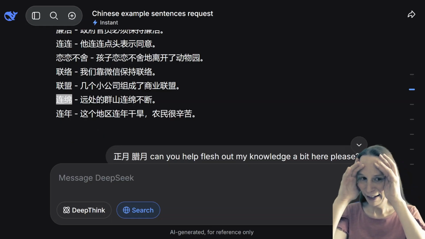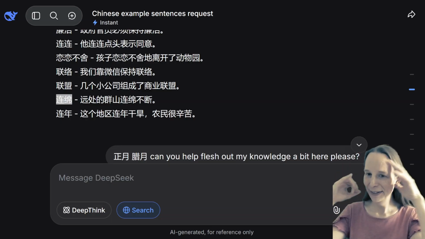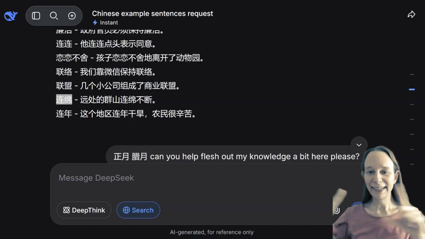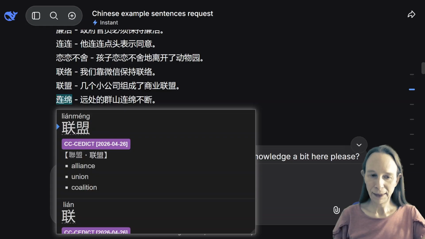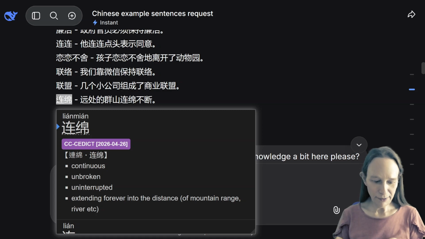So this is 连绵. This is continuous. Yet another continuous, like unbroken. I think it's like geographically continuous. 远处的云山连绵不断. 连绵不断. Continuous, unbroken, uninterrupted.